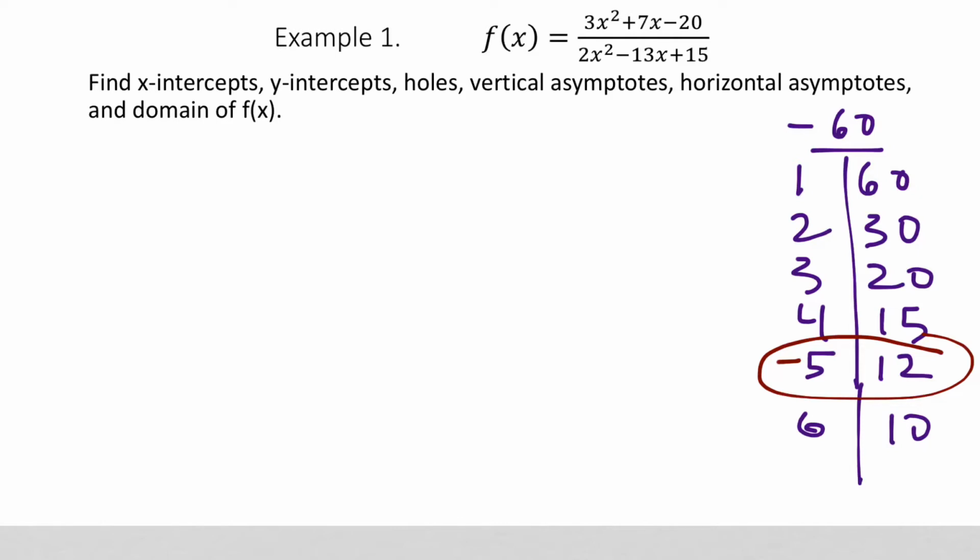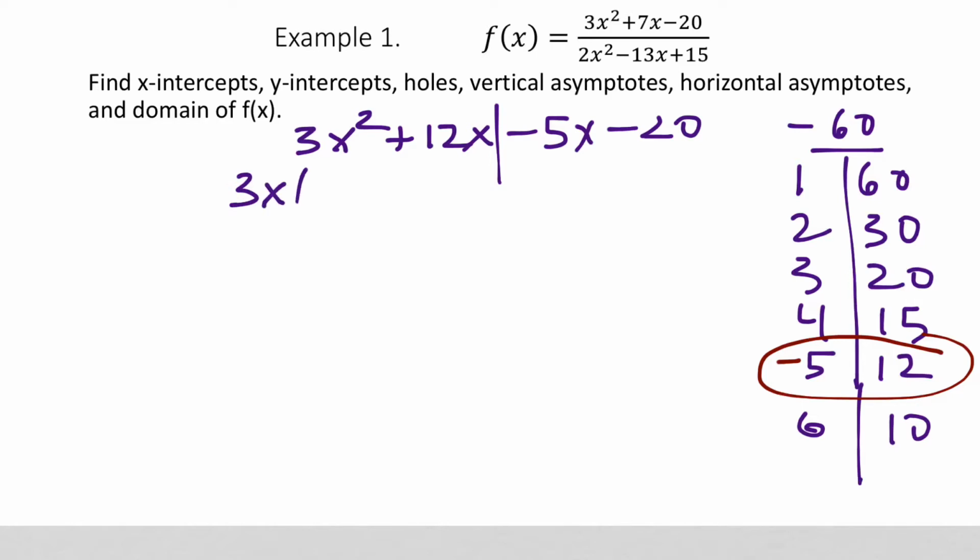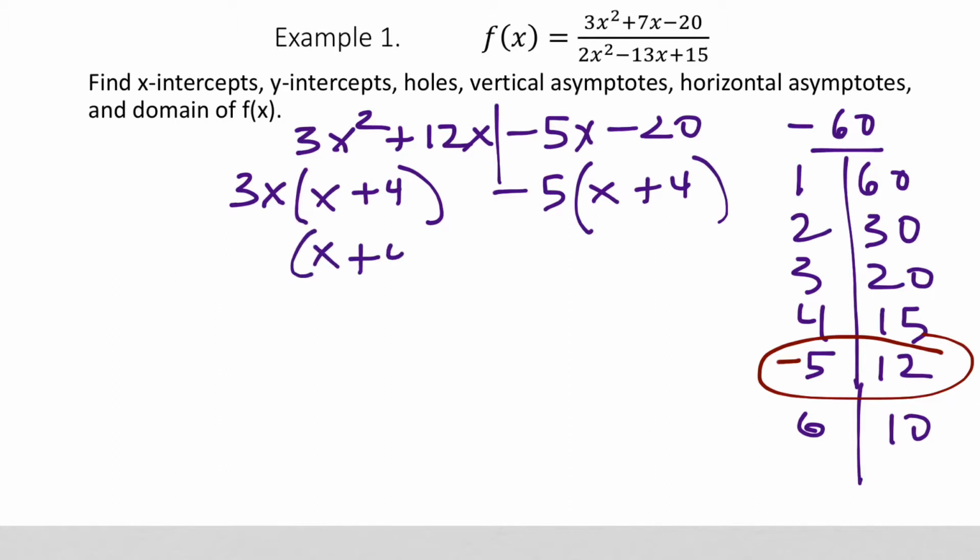So I've got 3x squared plus 12x minus 5x minus 20, split down the middle, factor out a 3x, so that gives me x plus 4, bring down a minus, factor out a 5, x plus 4 also over here, so my factored form is x plus 4, 3x minus 5.